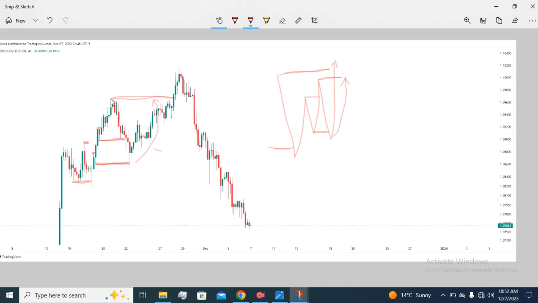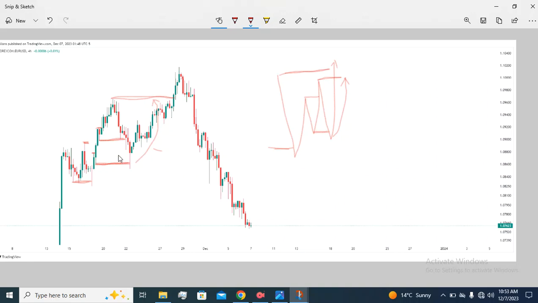Now, we had a clear sweep of liquidity here, as I've just said, on the 4-hour time frame, and this one was on the 1-hour time frame. Of course, in trading, what we usually do is try to minimize the losses we incur when the trade goes against our direction, and we always try to maximize the profits once the trade is going as per our prediction.